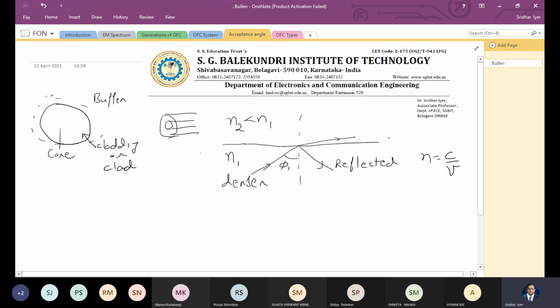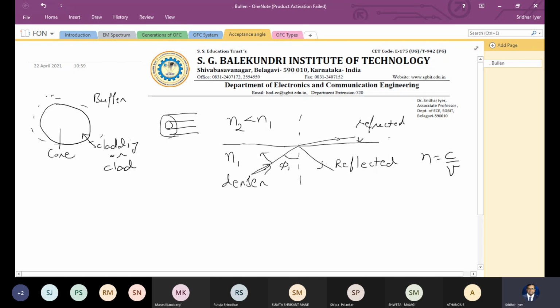So what we do here is, to ensure that all of the light, the incident ray, is only reflected into the denser medium, we start increasing the angle. That means if you visualize, we start pulling this incident ray on this side towards the horizon. And once we do that, this refracted ray starts moving towards the horizon.